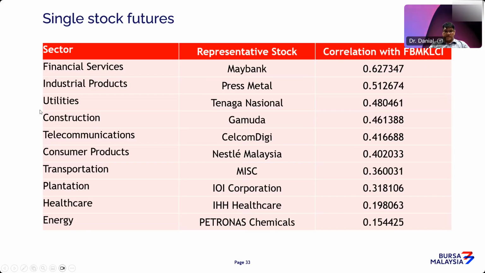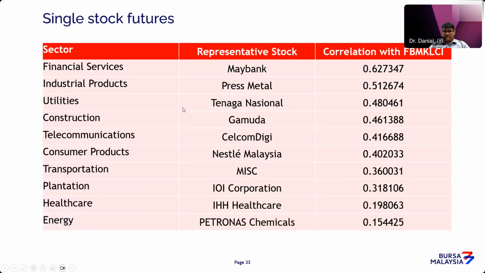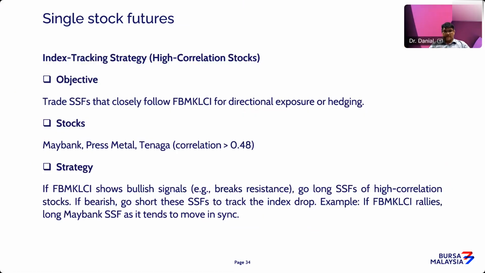All right, so how are you going to trade based on this information? First, try to consider an index tracking strategy. You can trade SSF. SSF reminds me of a furniture shop, but that's not it. This is single stock futures. Trade single stock futures that closely follow FBM KLCI, probably Maybank or Press Metal, for directional exposure or hedging.